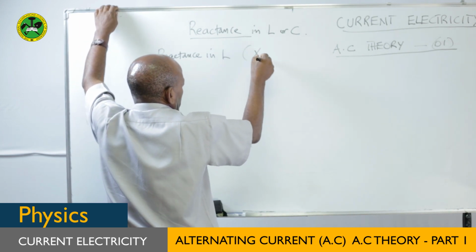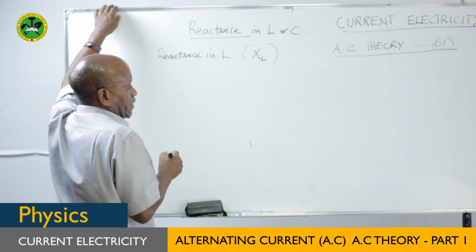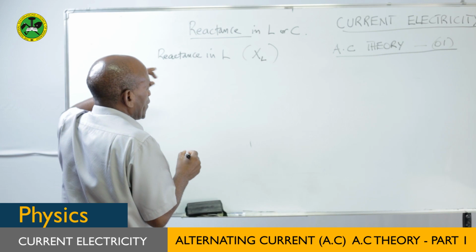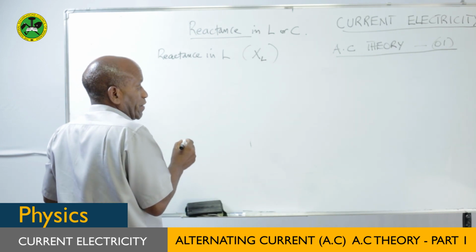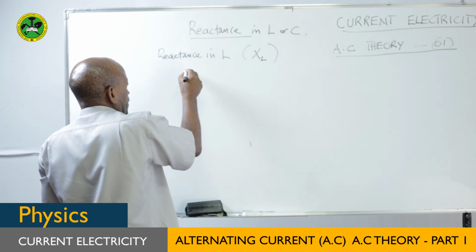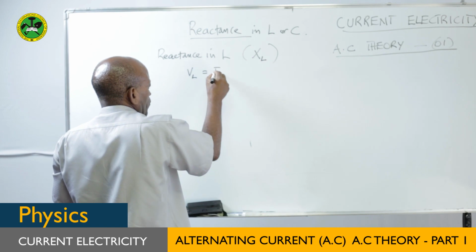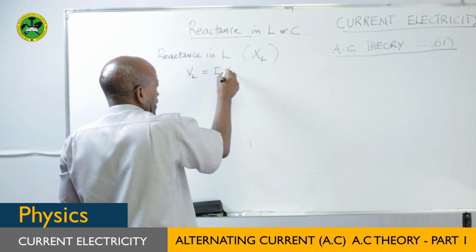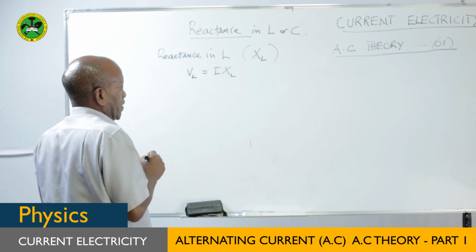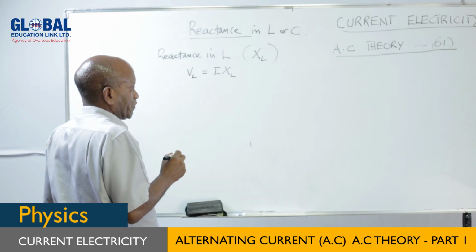We are calling this X sub L. This is the reactance in the inductor, and we'll find that the voltage through an inductor will be equal to the current I times the inductive reactance.